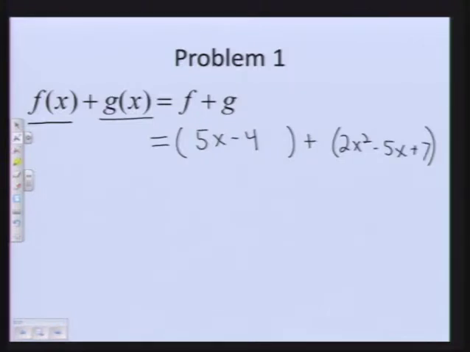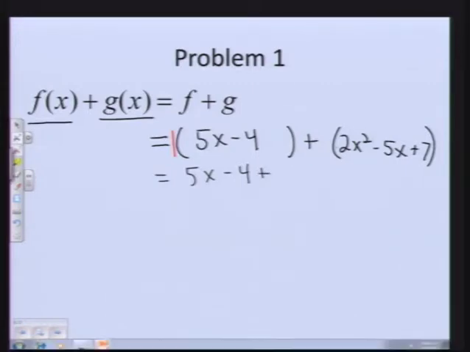Now, if I'm using parentheses, what I have to do is think about if anything would distribute that's going to change anything. Well, of course, there's a positive 1 understood to be in front of this, so it doesn't change anything. So we simply have 5x minus 4.